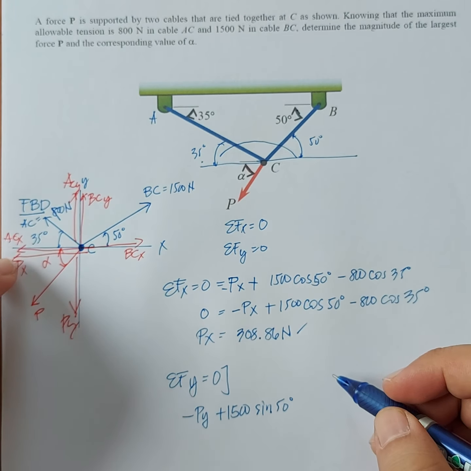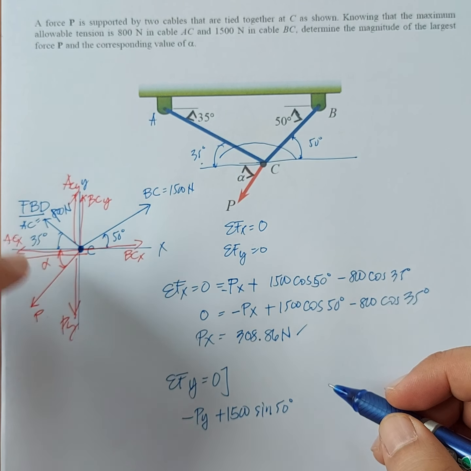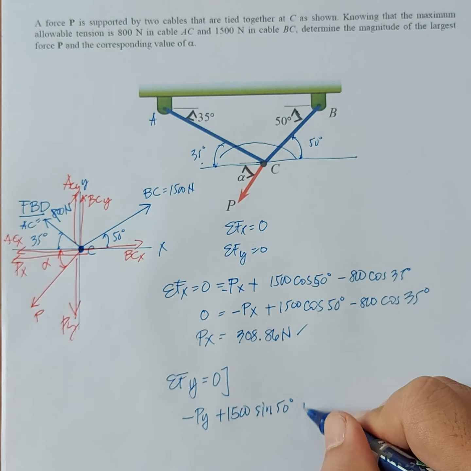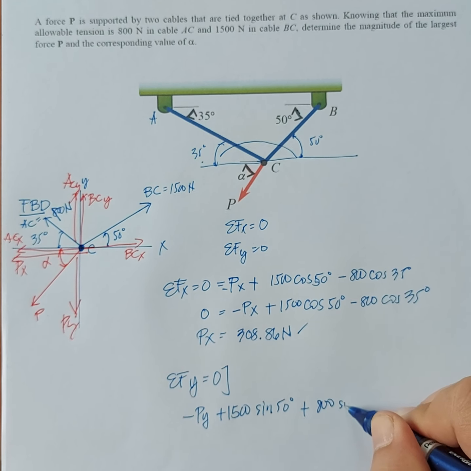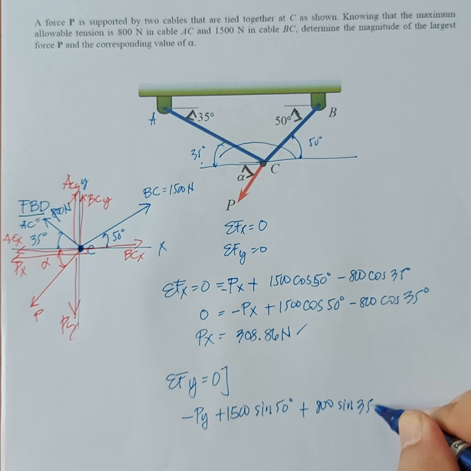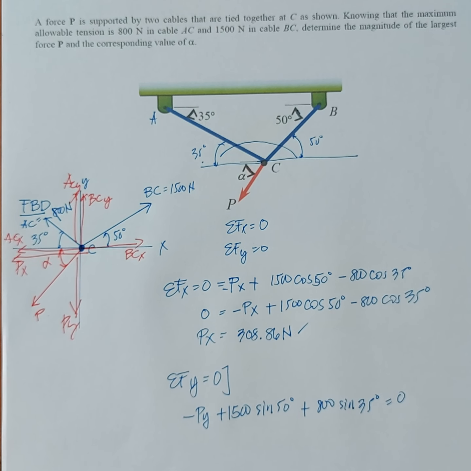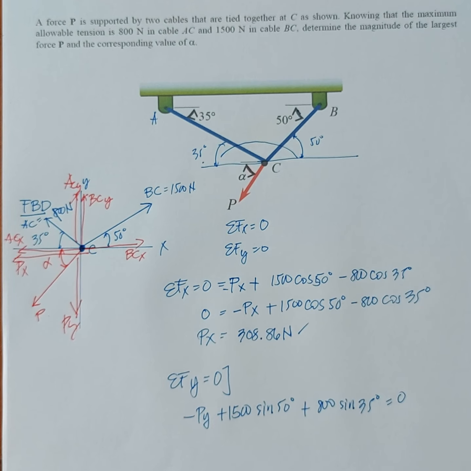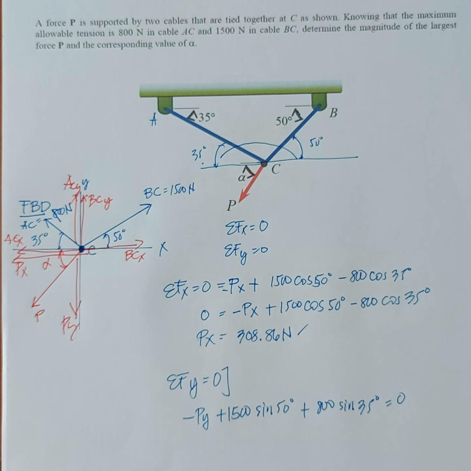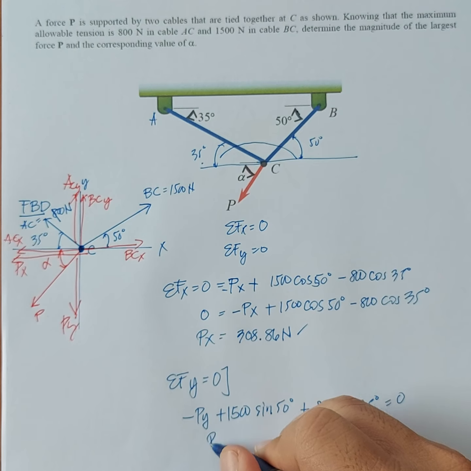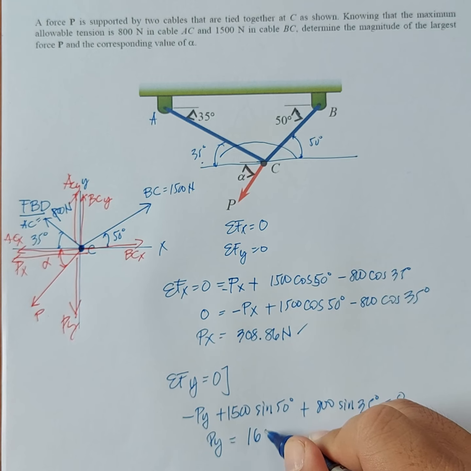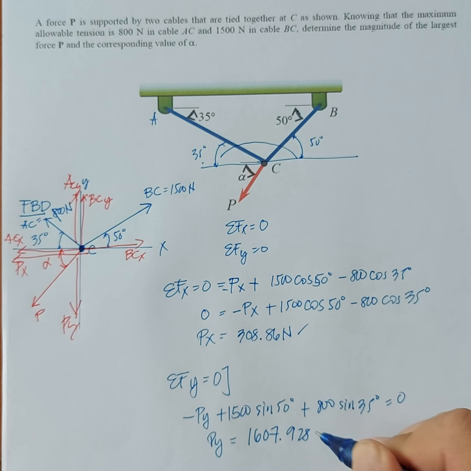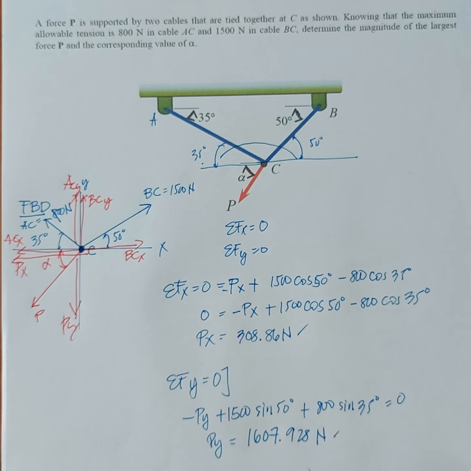And then we also have the y component of AC, which is upwards also, so positive, 800 sine of 35 degrees. Then we equate that to 0 since the particle is in equilibrium. So with this we can solve for PY, that is equal to 1607.928 newtons. So ito yung value ng PX and PY natin.